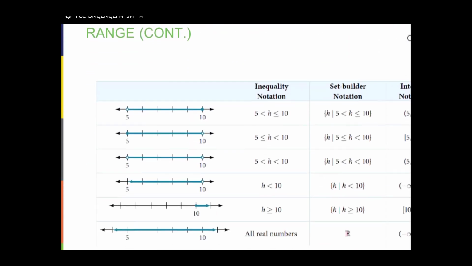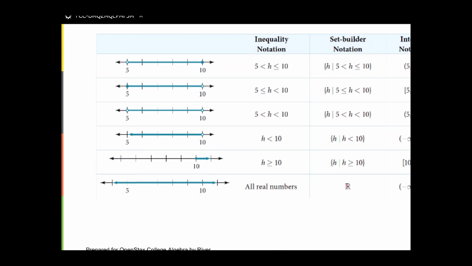So that sounds a little crazy. This slide is just showing you how we've been graphing earlier. This first one shows you this doesn't include 5, but it does include 10. We're using H here. H is all the numbers between 5 and 10, including 10, so there's that equal sign.